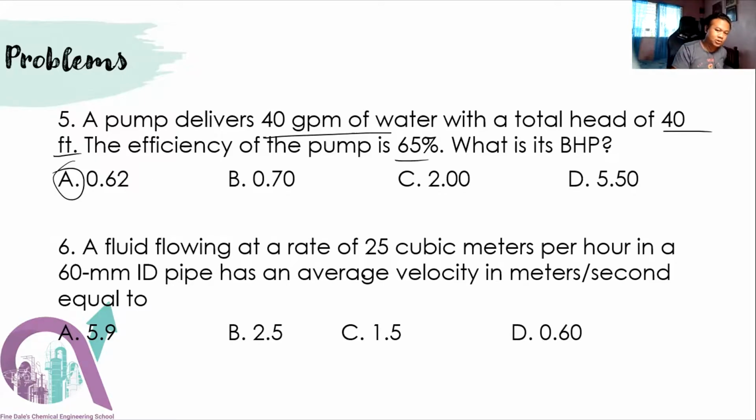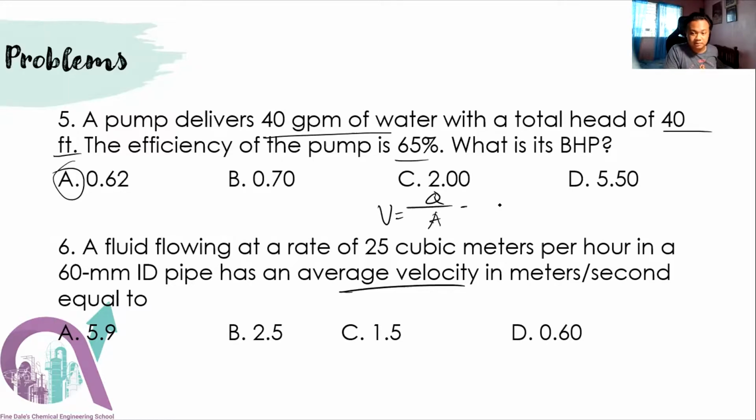So fluid flowing at that, this is really simple. Just a Q. We are asked for the average velocity, which is Q over the area, the volumetric flow rate over the area.